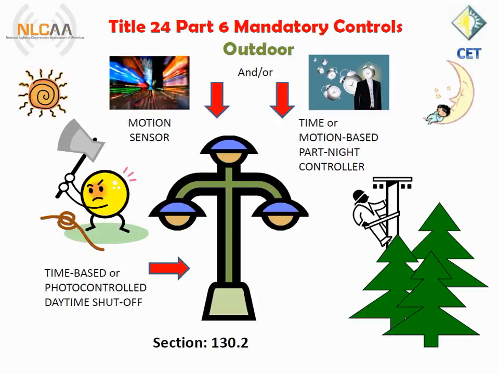In some cases, motion sensors or part-night controls are specified for outdoor lighting. Also, apparently, some mechanism must be present to allow turning off outdoor lighting for a portion of the night, whether you want to use that control or not. More on this later.